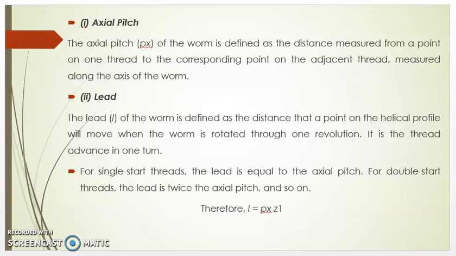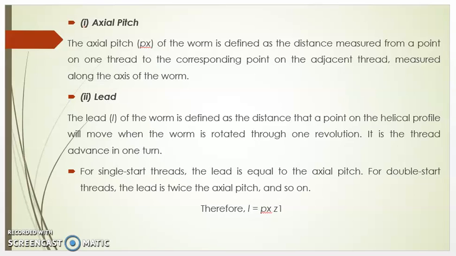Second, lead. The lead L of the worm is defined as the distance that a point on the helical profile will move when the worm is rotated through one revolution. It is the thread advance in one turn. For single start threads, the lead is equal to the axial pitch.